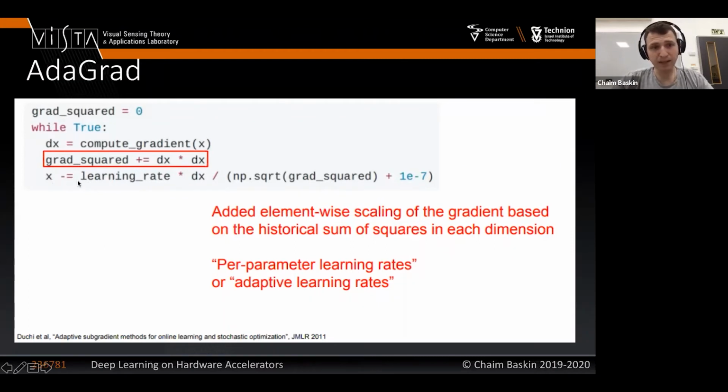Then the update of x will be the learning rate multiplied by dx, normalizing by the square root of our grad squared plus some constant. So we are adding element-wise scaling of the gradient based on the historical sum of the squares of each dimension. So we have adaptive learning rates for each parameter. Okay.